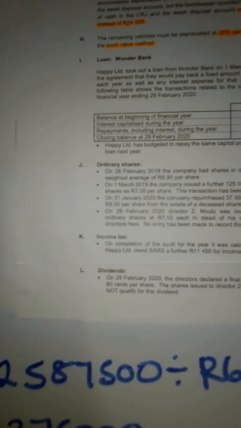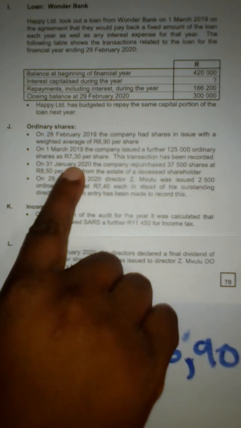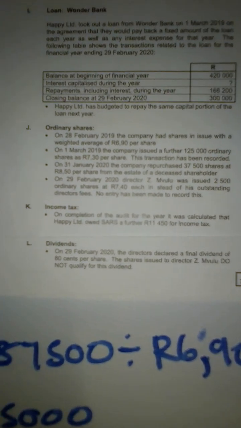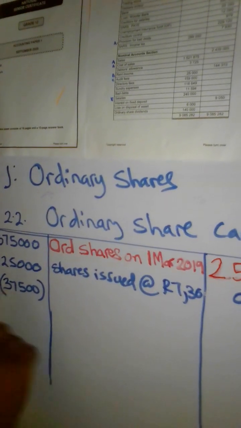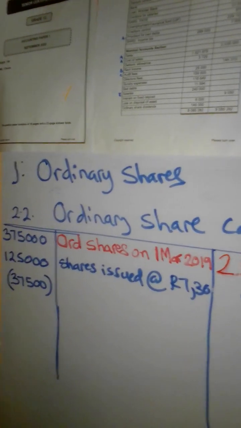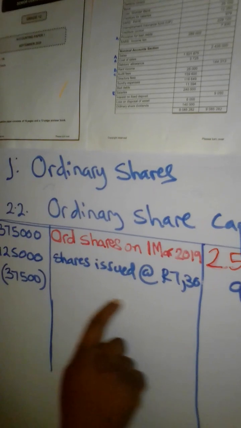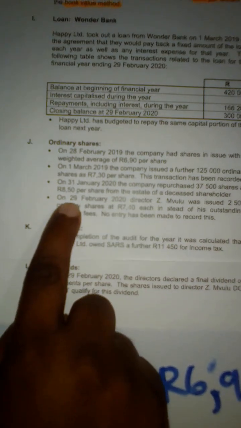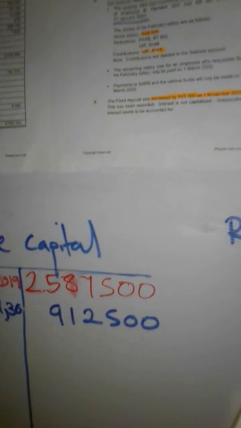Okay, this is the amount which was paid for the shares, but this is not the amount that we are going to record in our ordinary share capital account. This R8.50 is going to be recorded as bank, but it doesn't necessarily mean that our ordinary share capital was reduced at that amount.